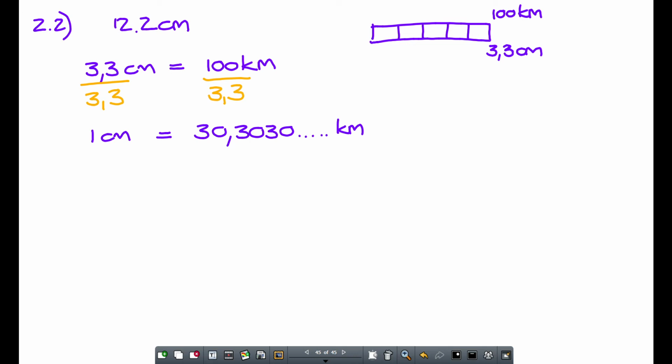Okay, now we just measured that it's actually 12,2 centimeters. So eintlik kon jy dan sê 12,2 centimeter maal met daai 30,303030. Want dan gee my antwoord direk in kilometer.